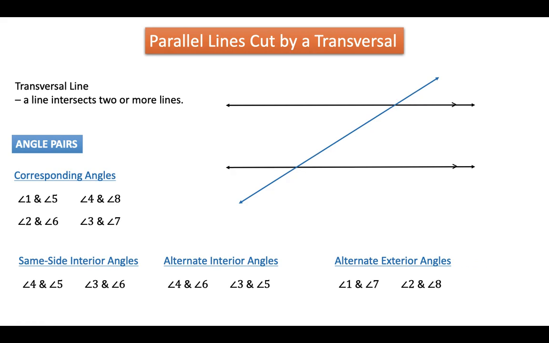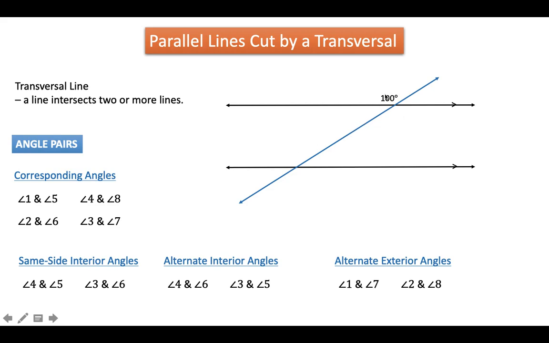Now, if one of the angles is given, let's say this angle right here is 100 degrees, it is possible to get the measurement of the remaining angles of these parallel lines cut by a transversal. Applying the corresponding angles, if this is 100, this will be 100 as well, or you can use the vertical angle theorem.